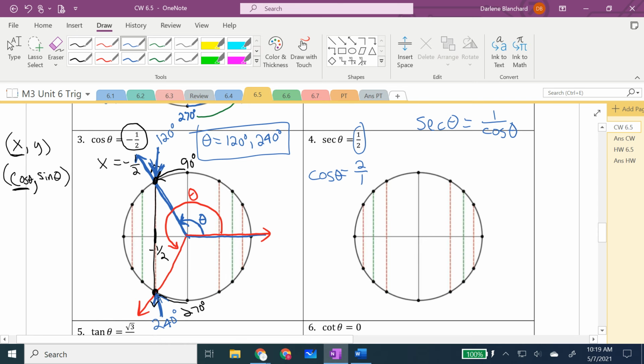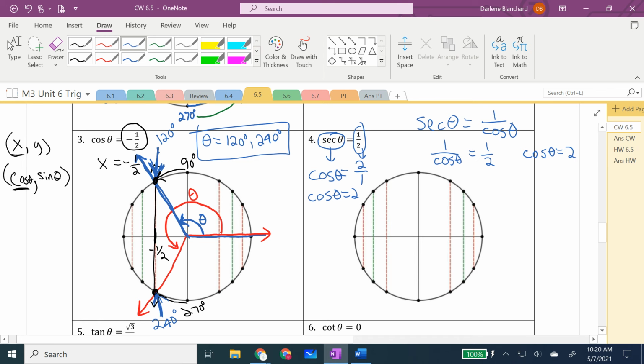Either you can look at this as reciprocal and reciprocal, and you're getting cosine theta being equal to 2, or you can take your secant theta and replace it with 1 over cosine theta and solve that equation. And you should get with that equation also cosine theta equals 2. So there are a couple different ways to come up with it.